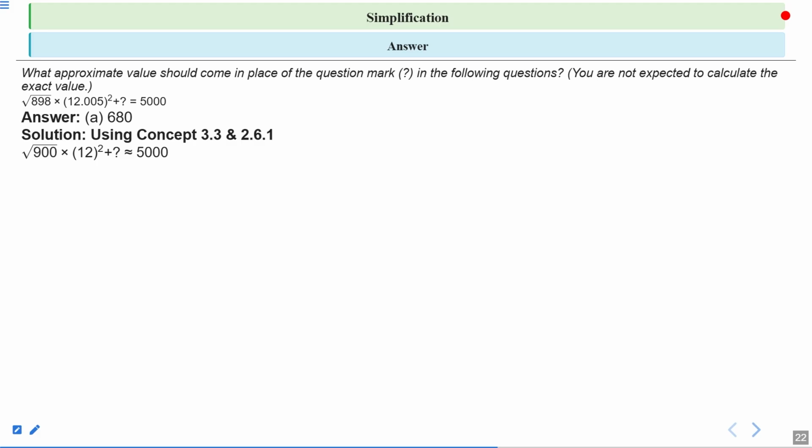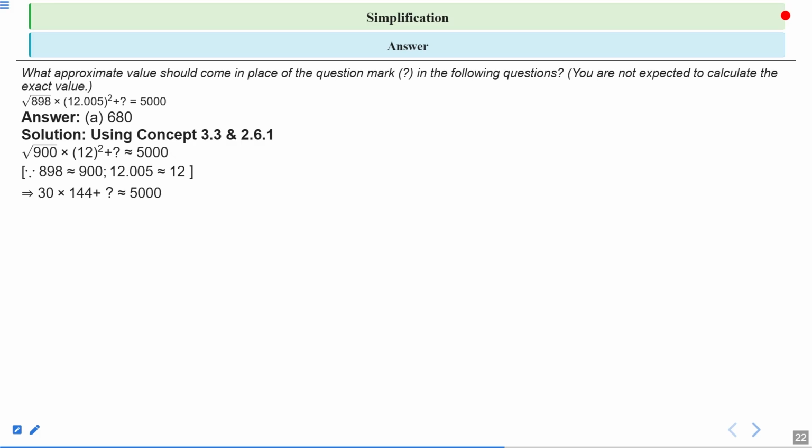We can let 898 be 900 and 12.005 be 12. So we can write square root of 900 multiplied by 12 square plus question mark is approximately equal to 5000. The square root of 900 is 30 and 12 square is 144.